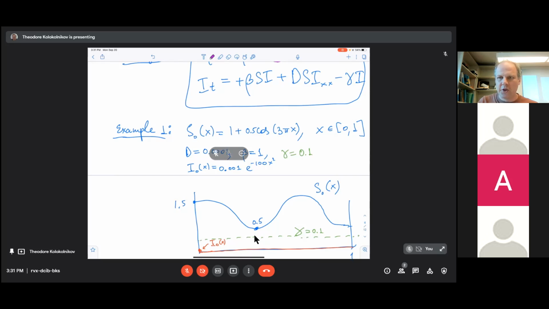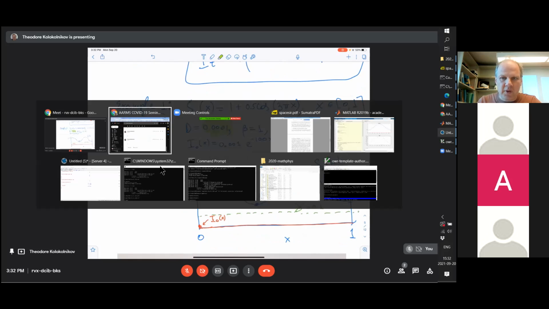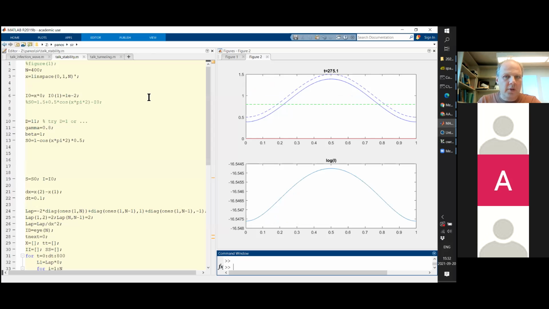At least initially the disease will spread. I'm going to introduce just one infected individual at the left hand point. And the diffusion D here is taken to be very, very small, so it's a slow propagation. Let me show you what then happens.